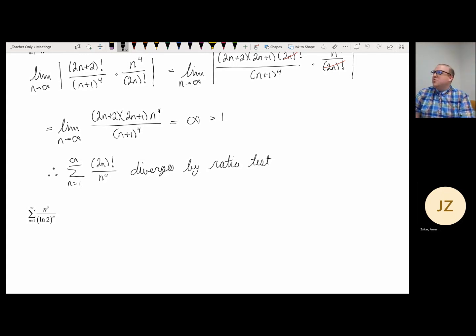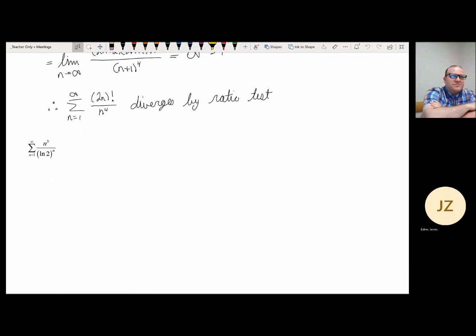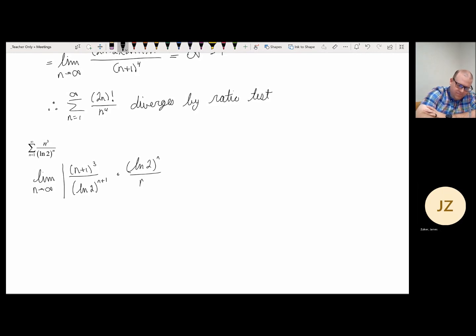n cubed over log of 2 raised to the nth power. So we set up our limit.